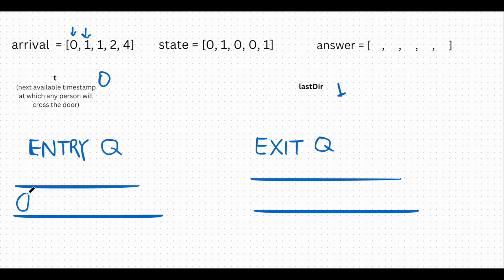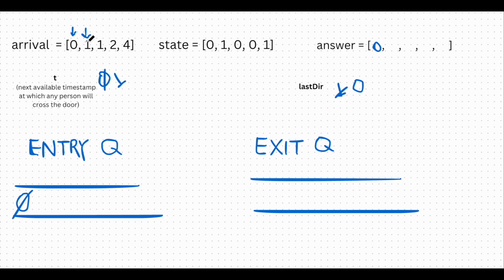So this first person will go through the door at t equals 0, and we remove this person from the entry queue, change the last direction to 0, and the next available time becomes 1. So now this person is a good candidate.